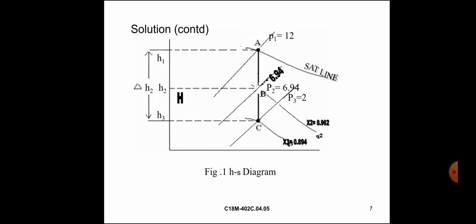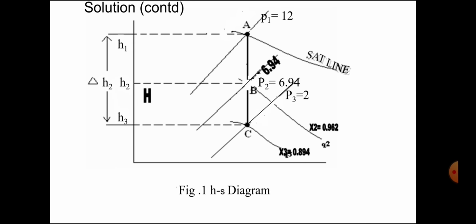On the saturation line, X2 is 0.962 and X3 is 0.894 as shown in this figure.